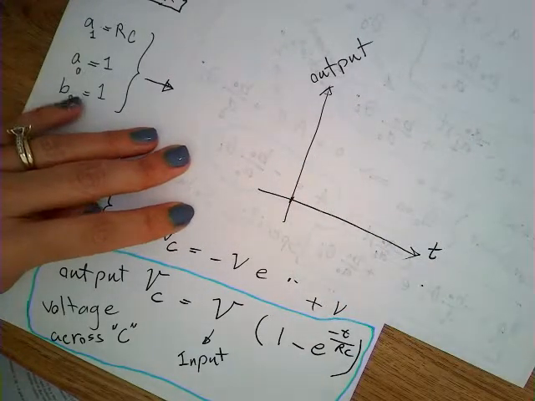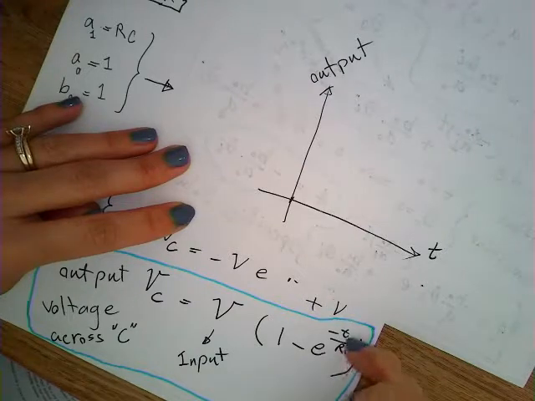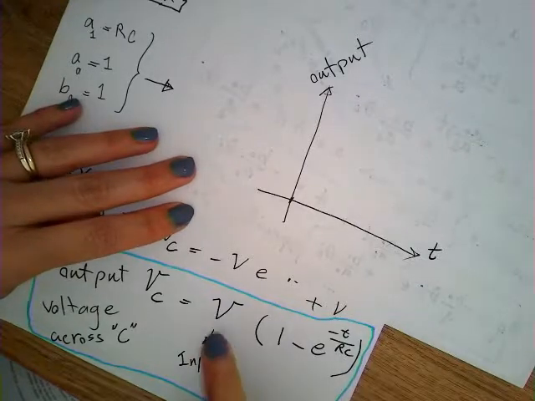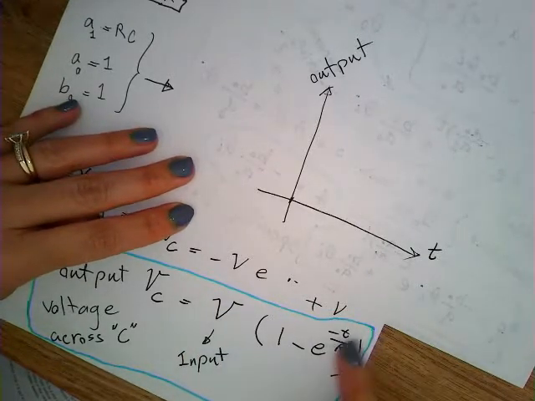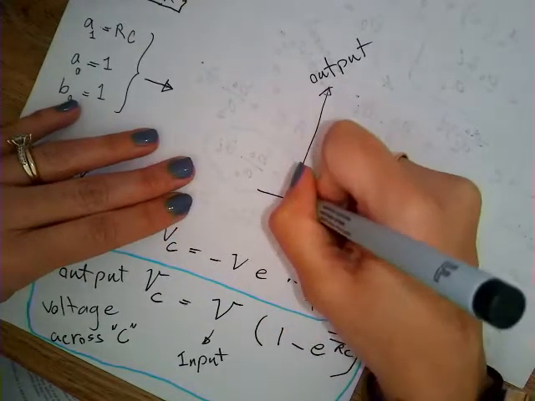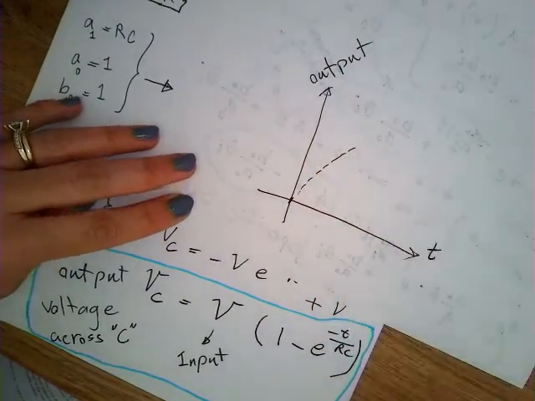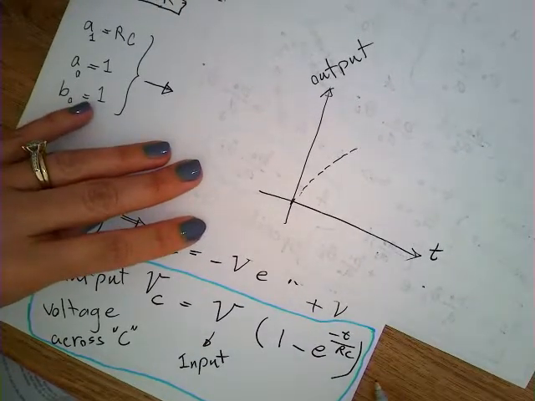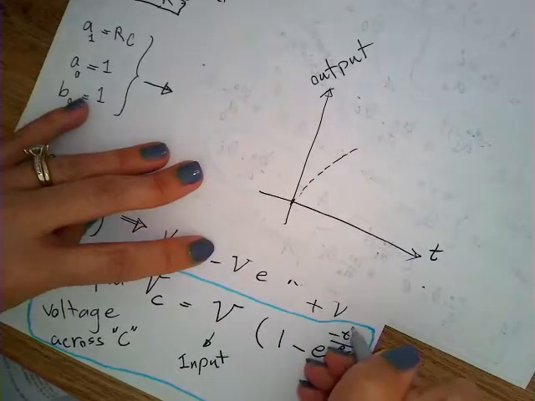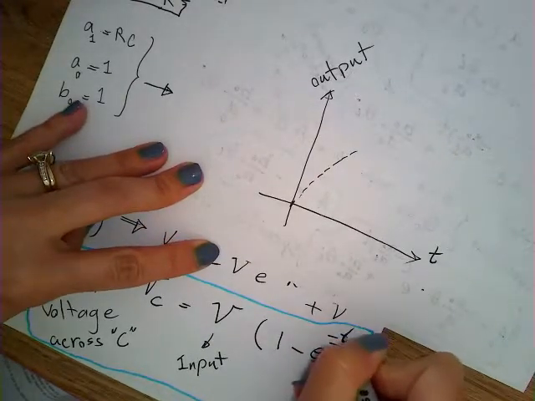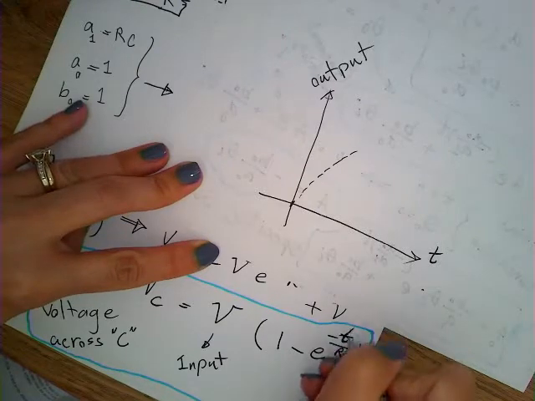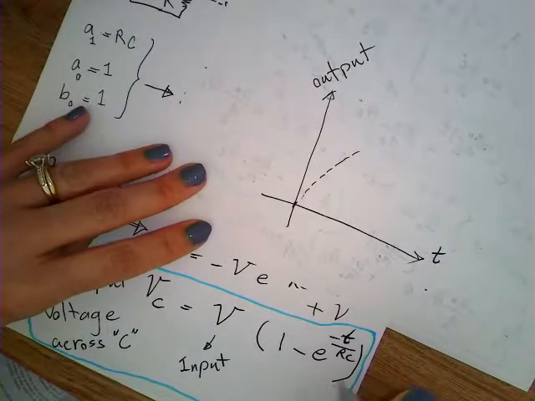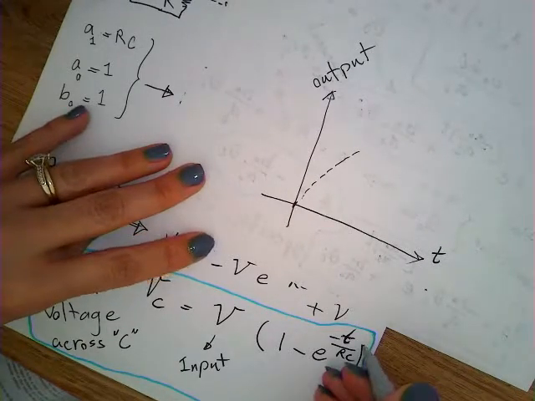Now, when t is increasing, t is not 0 anymore, I have this exponential happening, okay? No matter what I have here, I have this gradual exponential happening. So I'm going to have that performance, and it is increasing up to a certain point. Now, how far can t go? It can be a very large number. Let's say infinite. If we have exponential of minus infinite, what happens to that?